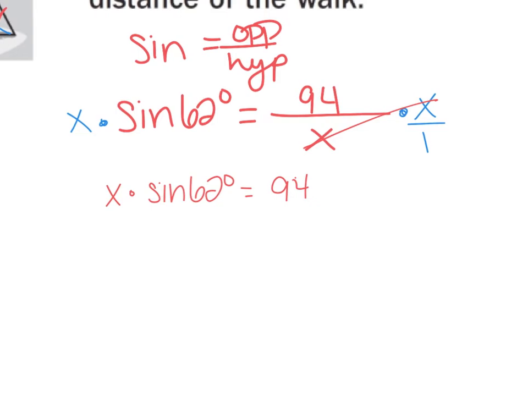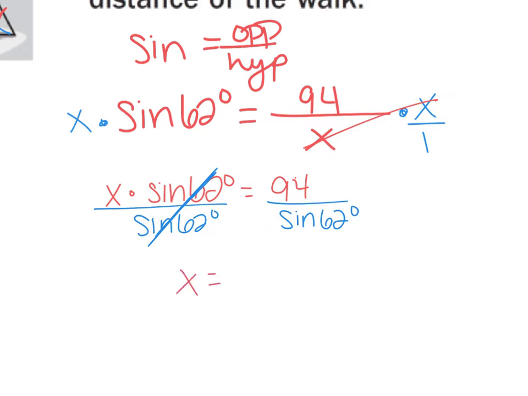Okay, what do I need to do to get the x by itself? Well, right now it's x times the sine of 62, so we need to do the opposite and divide both sides by the sine of 62 degrees. So those cancel, and you're left with x equals, and now you're just going to type this right here in your calculator. 94 divided by the sine of 62 degrees.